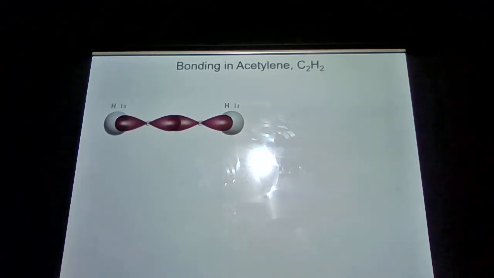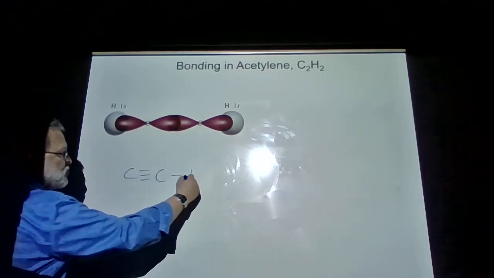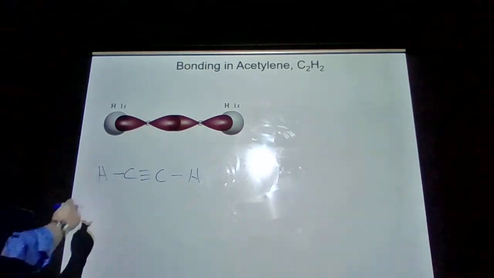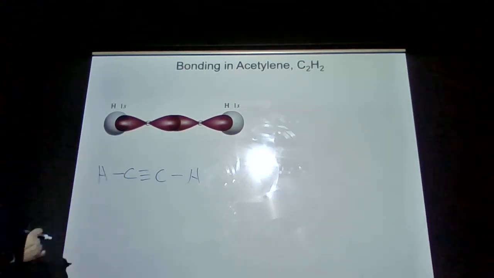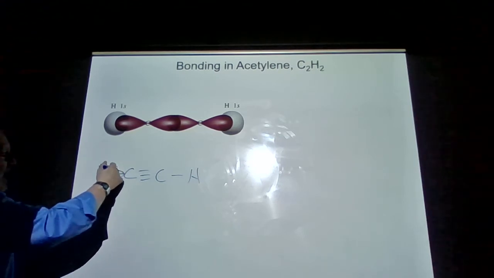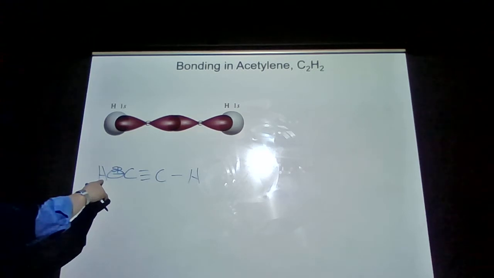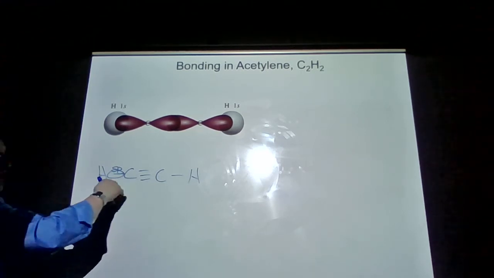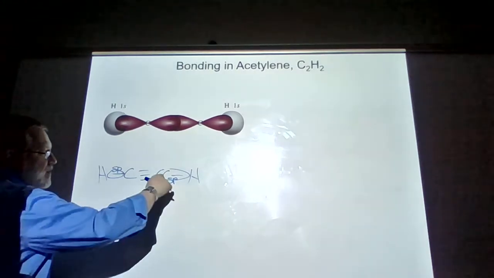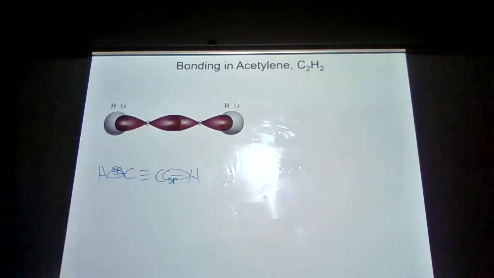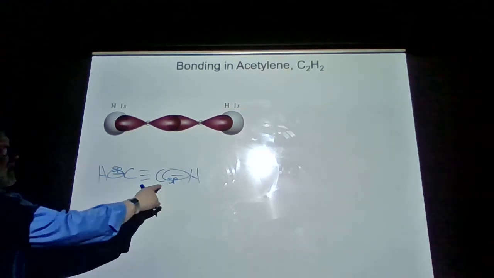If we take a look at the molecule of acetylene, it is a carbon-carbon triple bond. We have an sp hybridized bond between the carbon here and this hydrogen, and we have an sp hybridized bond between this carbon and that hydrogen. But remember, there is also a bond between the carbons.